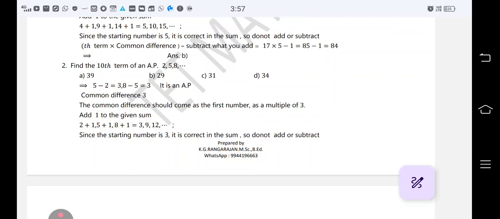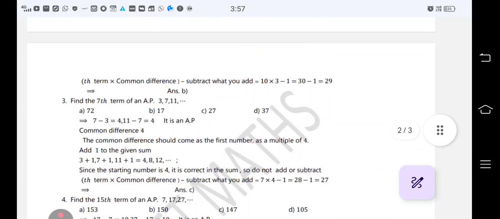That is 3, 6, 9, 12, etc. Since the starting number is 3, they are in the multiples of 3. So we don't add or subtract anything.